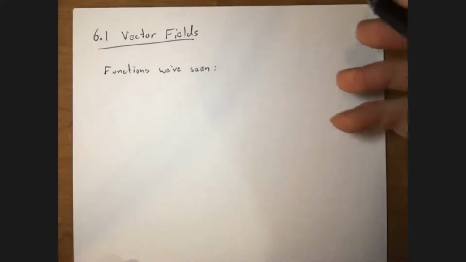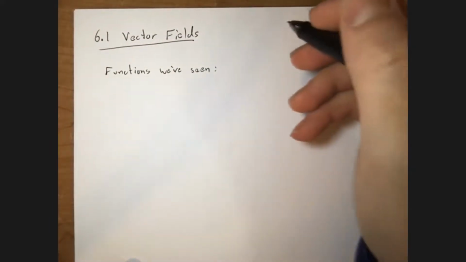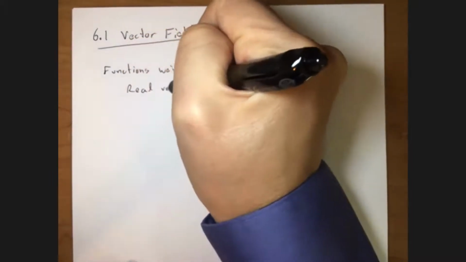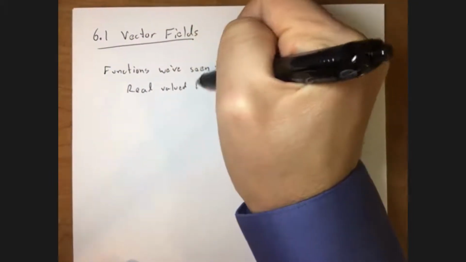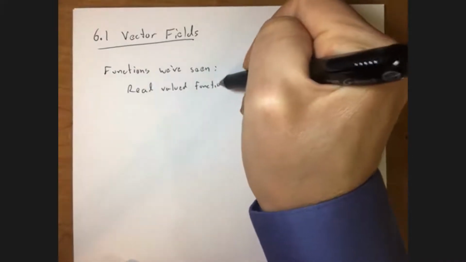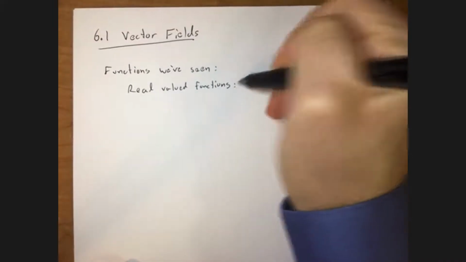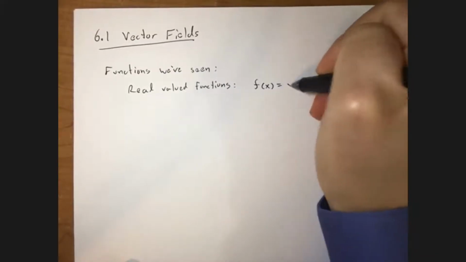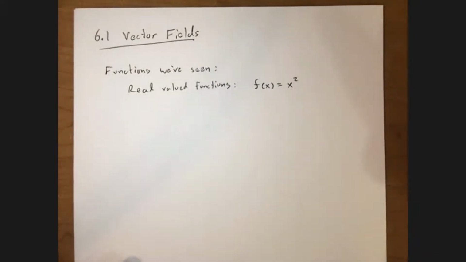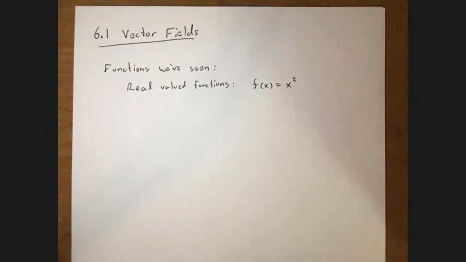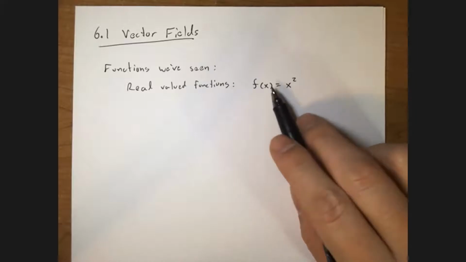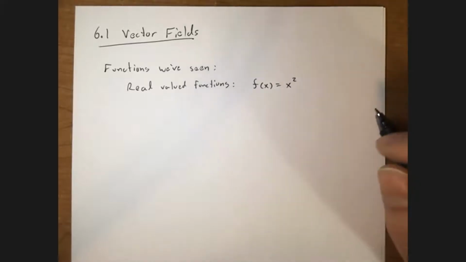We've seen real valued functions, right? So this is something like f of x equals x squared. And this is what you looked at in Calc 1, right? It takes a real number and it spits out a real number. In this case, the real number is x, it spits out the number x squared.